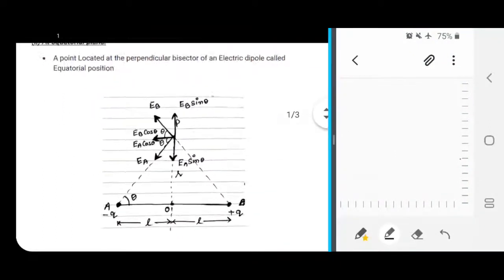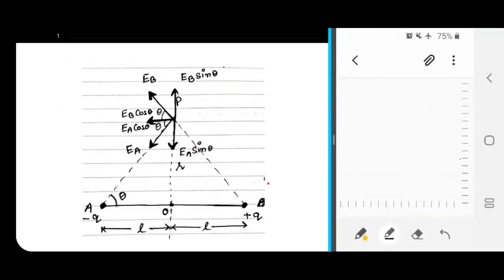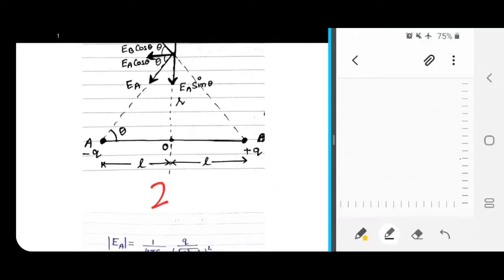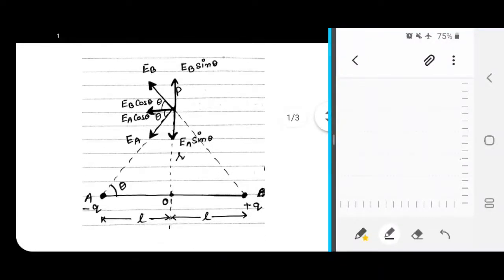You can see in the figure that there is an electric dipole AB, whose length is 2l, and O is the midpoint, or we call it the center of the dipole. So it is divided into two sections, one part of length l and the other also of length l. So we have to calculate the electric field intensity at the equatorial point.